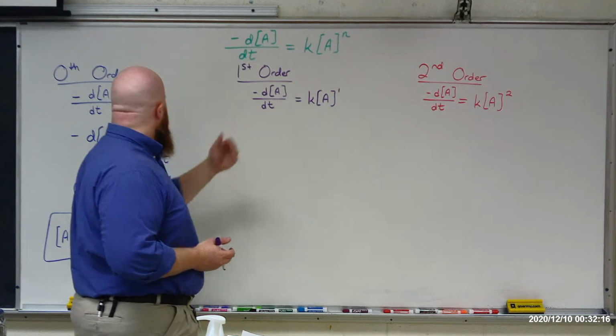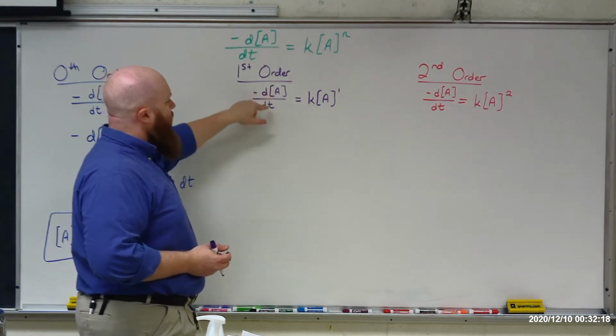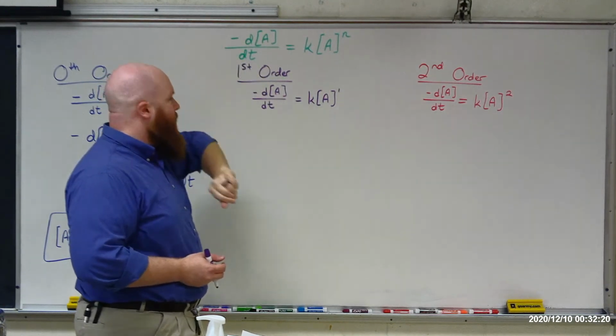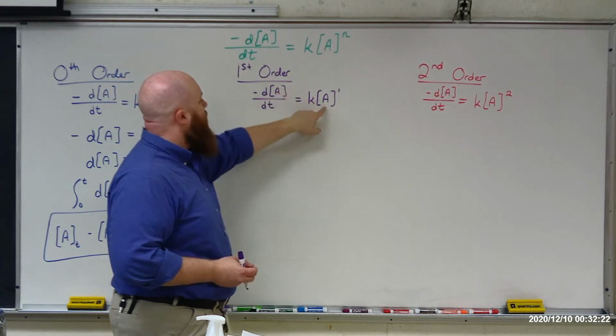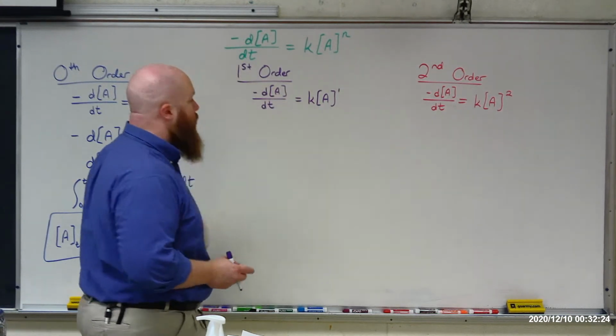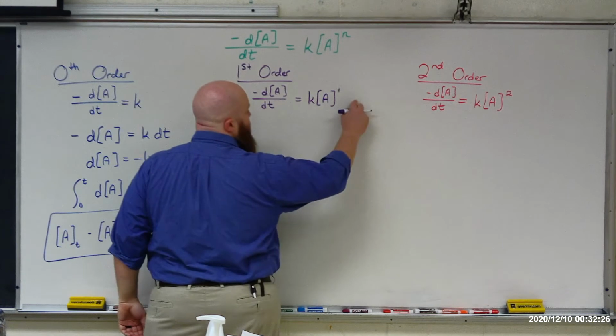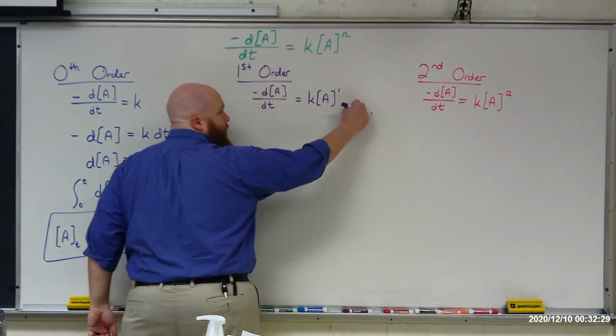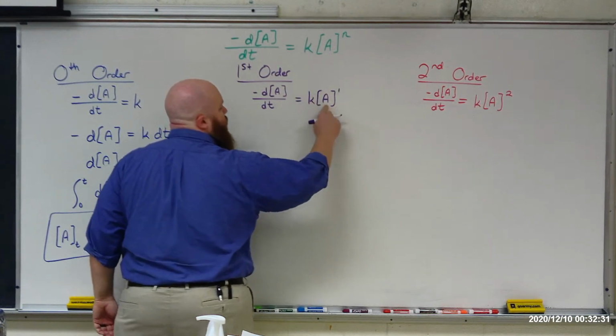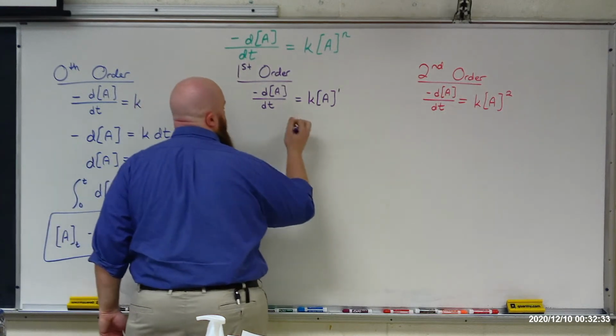And from there, we'll do exactly what we did before. Separate our variables, but keep in mind, we need to get all of our concentrations together. So we're going to multiply by dt to get t over here, and divide by concentration to get concentration back over here.